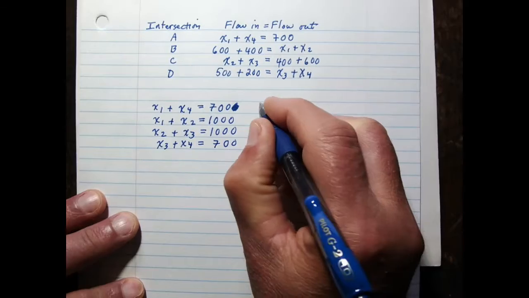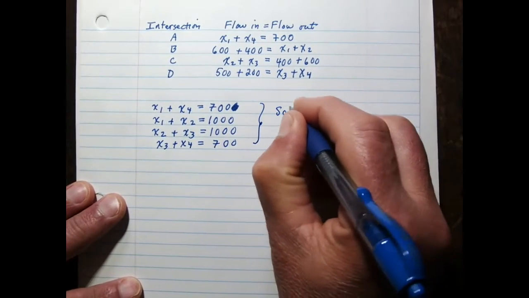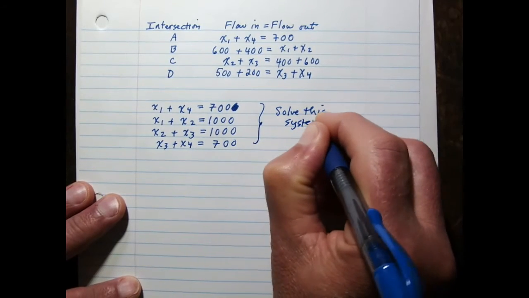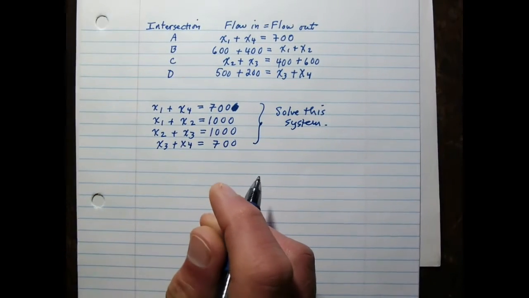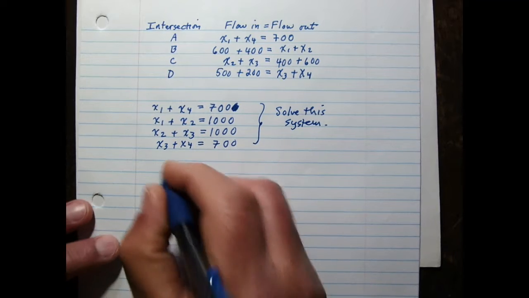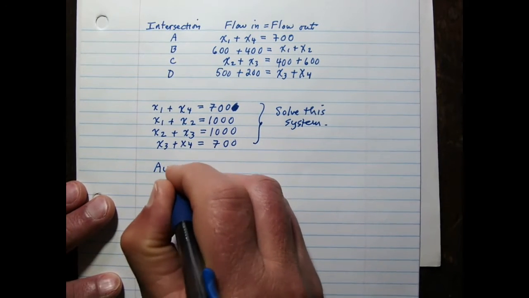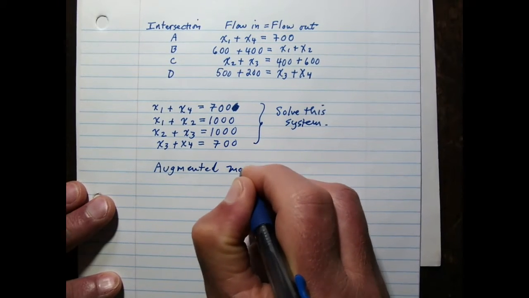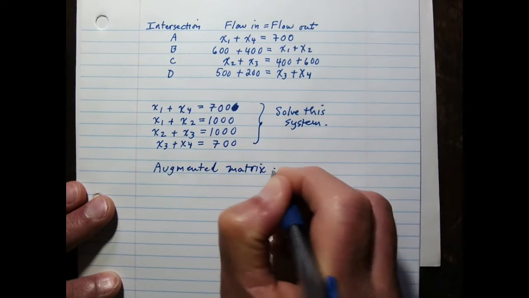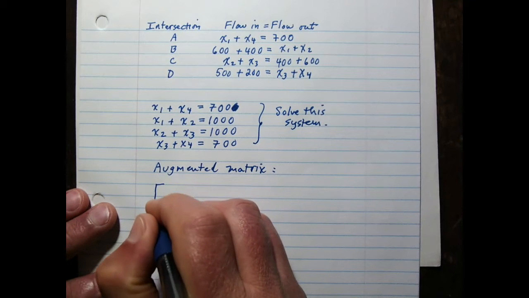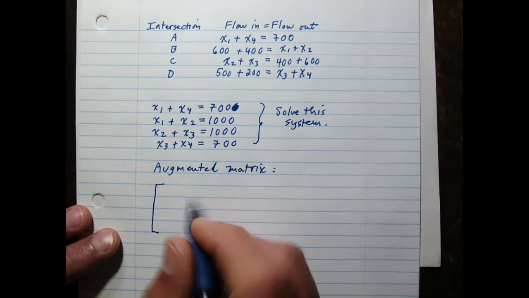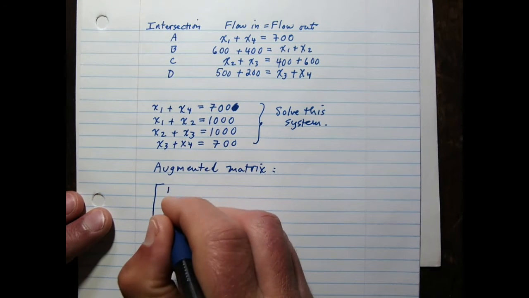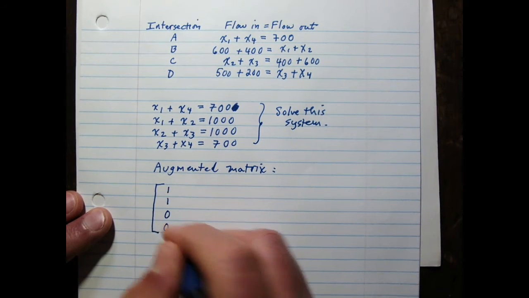And so we want to solve this system. And we'll apply our augmented matrix process, our Gaussian elimination. For this system, coefficients of x1 are 1, 1, 0, 0.